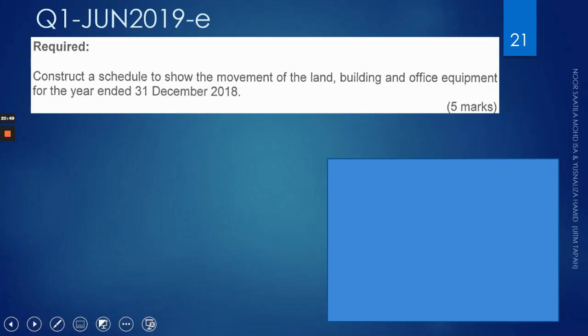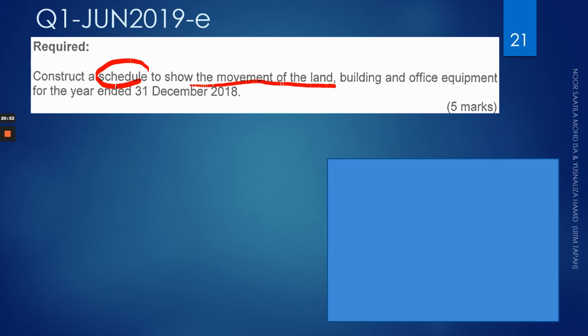that you are asked to construct a schedule to show the movement of the land, building, office equipment for the year ended 31st of December. When you are asked to construct a schedule or the PPE note, you need to show two things. What are the information or the movement under cost or valuation?